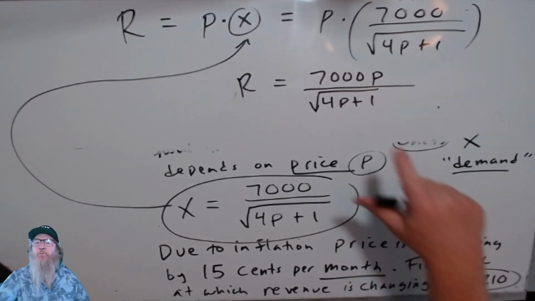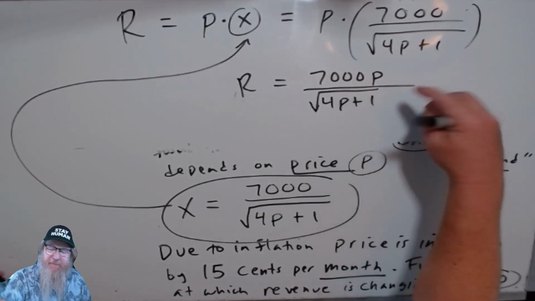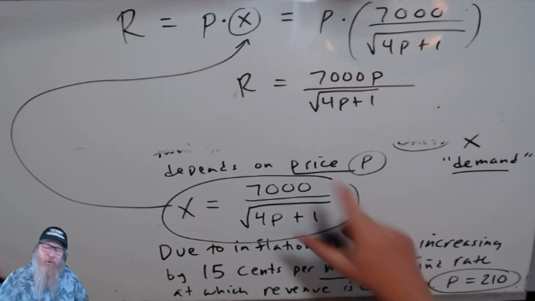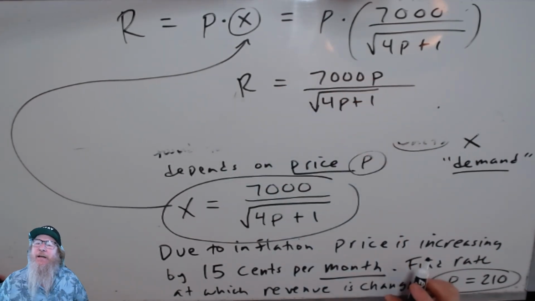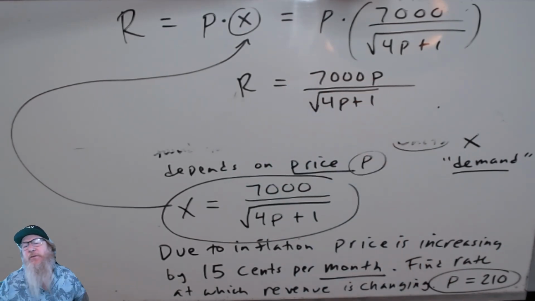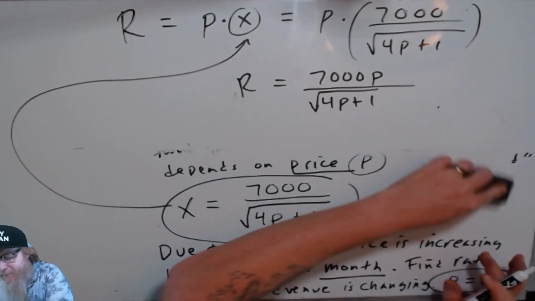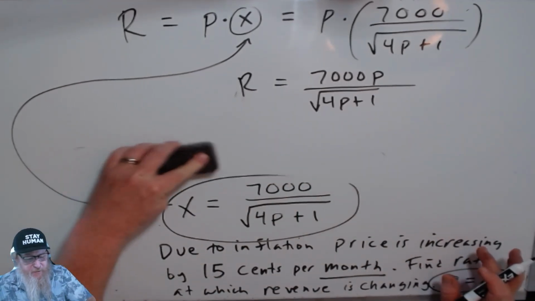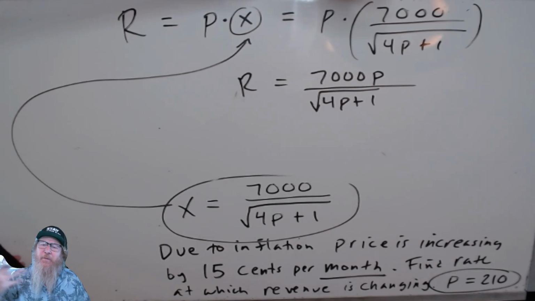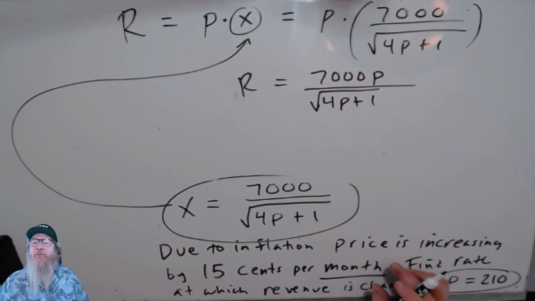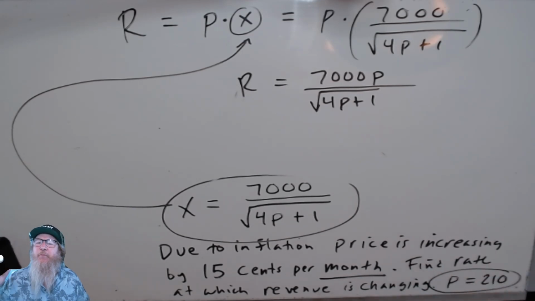All right, so that's revenue as a function of price, or as an equation of price. In this section, I don't use the function notation because we are using the alternative form, the implicit form of the derivative, and we're going to be taking the derivative with respect to t.